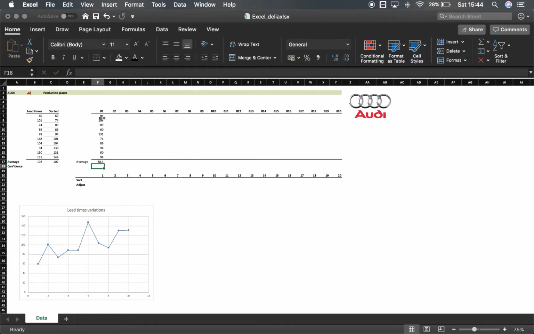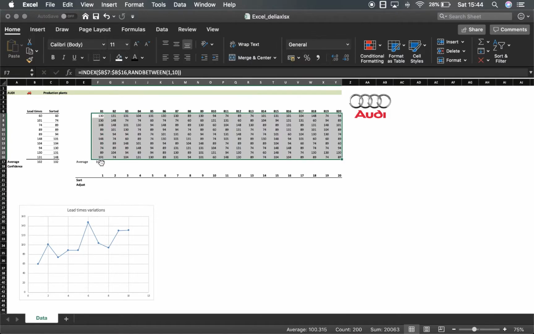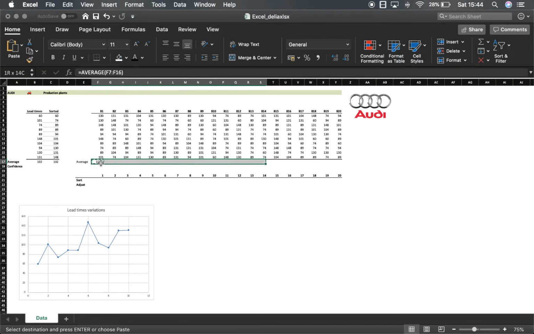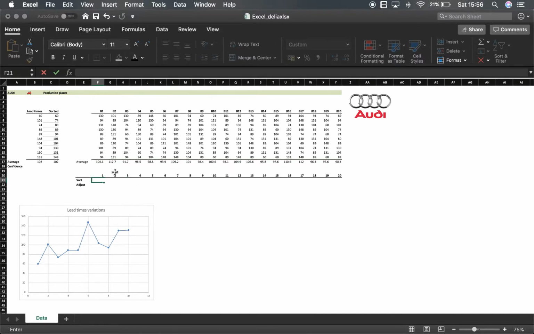Now we need to calculate the average of our first bootstrap sample. We then apply the formula to all of our 20 samples and again calculate all corresponding averages. One should note that each time we change a cell on our Excel sheet, new random numbers will be drawn. We are now faced with 20 bootstrap samples, each with their corresponding averages, and we will now build upon this data.